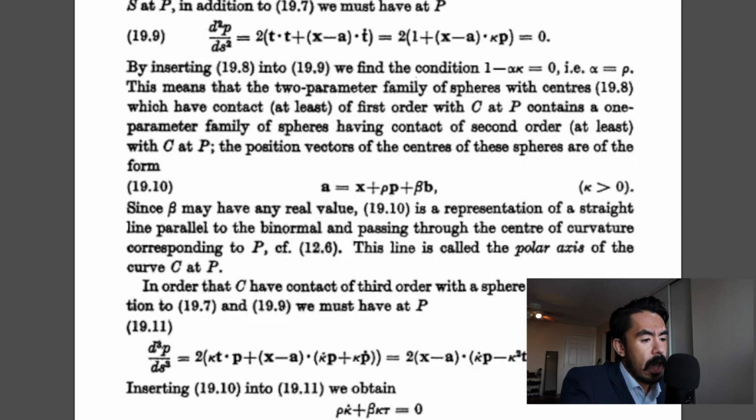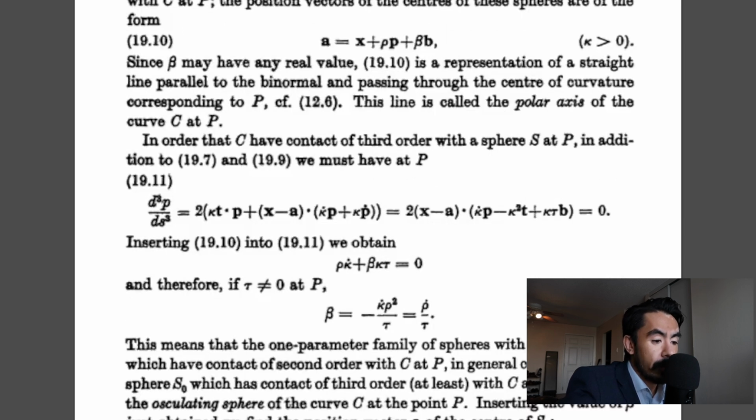Since beta may have any real value, this representation of A, the vector, is a representation of a straight line parallel to the binormal and passing through the center of curvature corresponding to the point P. And this has gone over in the osculating circle section. This line is called the polar axis of the curve capital C at P, the point capital P.